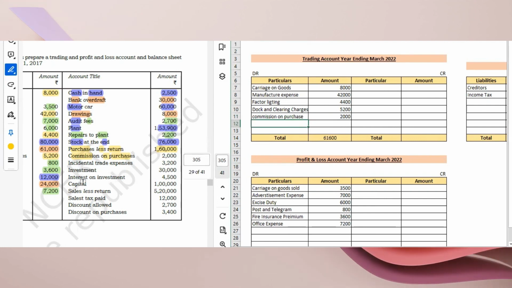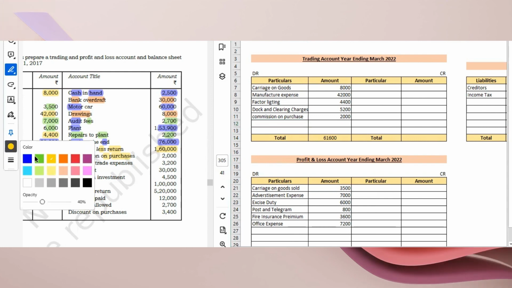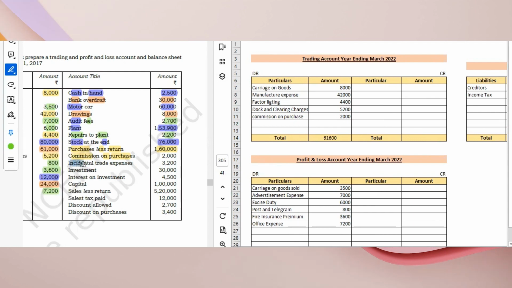Incidental trade expenses. This is an operating expense. You can consider this as an operating expense, and it will go under green item.